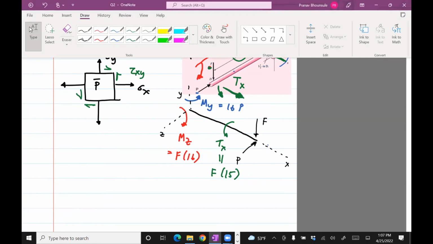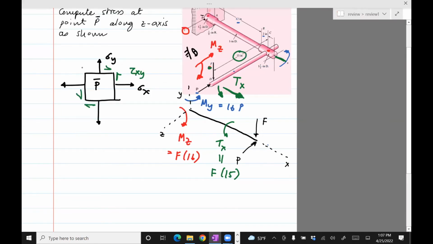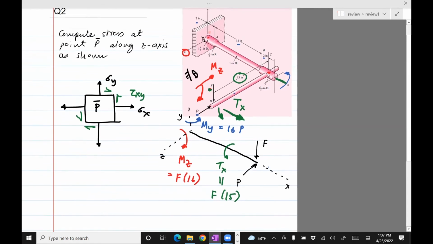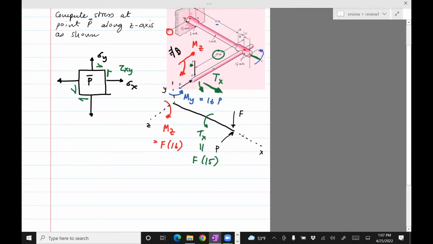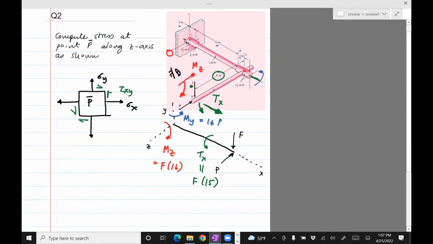Okay, so once we have identified all these moments and torques, now we can go to computing stresses. So Z, that's the moment of Z. I thought there was only a moment about Y. Wait. There's a moment due to the force, right? The force F. There's a moment due to force F, yes. And that's rotating around the axis along the z-axis.